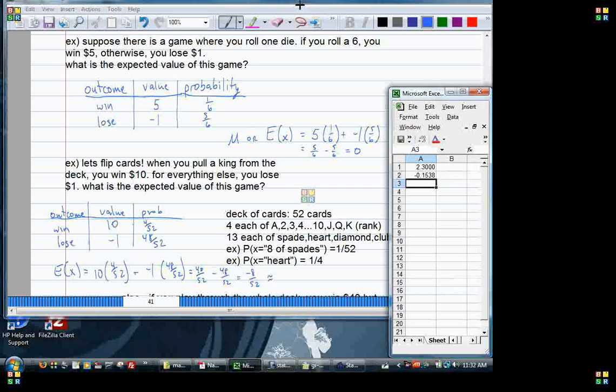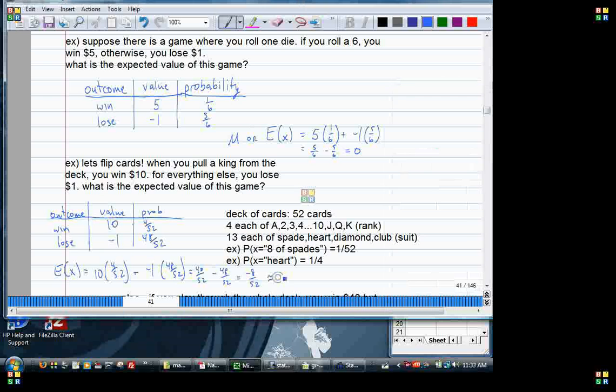What happens on average? Negative means we're losing 0.15. That's dollars and cents. So this is -0.15, we lose about 15 cents, and that's on average. So should we play this game? No.